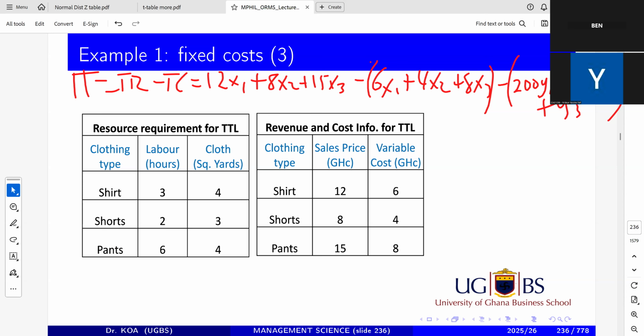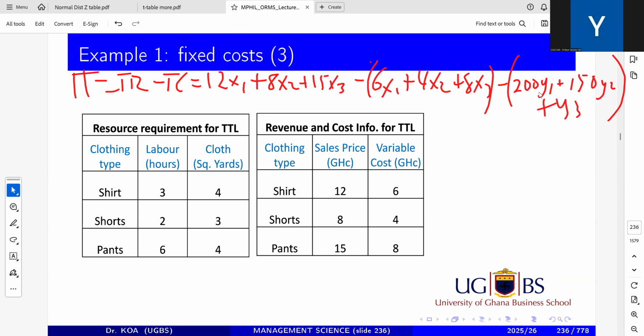You cannot have the cost, which is 200, unless you are renting the shirt machinery. Don't connect it to the shirt. It's a rental of the shirt machinery. So if I am renting the shirt machinery, which is Y1, then I will incur this 200, which is the cost of it. Y1 will just take a value of 1. So if it is 1, then I actually rented it, and we are left with the 200. But if Y1 takes a value of 0, then I've multiplied 0 by the 200, and I'll get everything here to be 0.